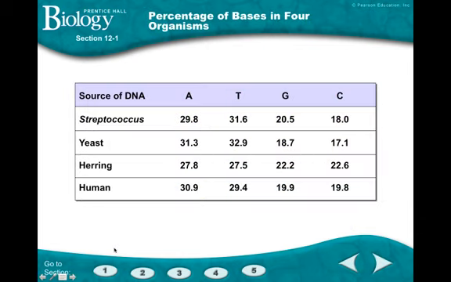Here's something that's interesting: the percentage of bases found in 4 different organisms. So when we look at a type of bacteria called Streptococcus, you may have had strep throat before, look at the combination of base pairs. Notice how A and T are supposed to go together. They are approximately the same, but not exactly the same in percentage found in the DNA.